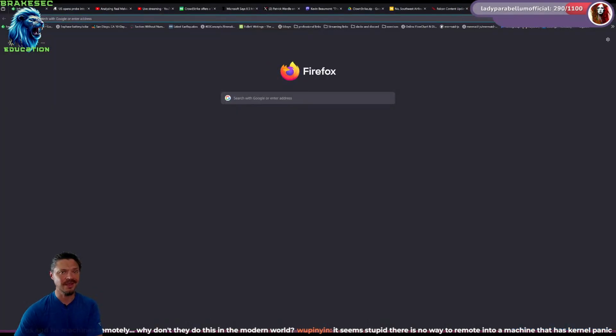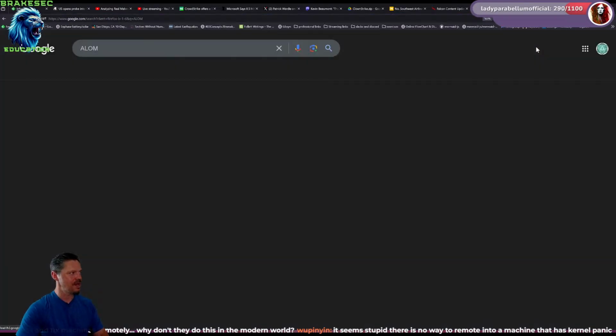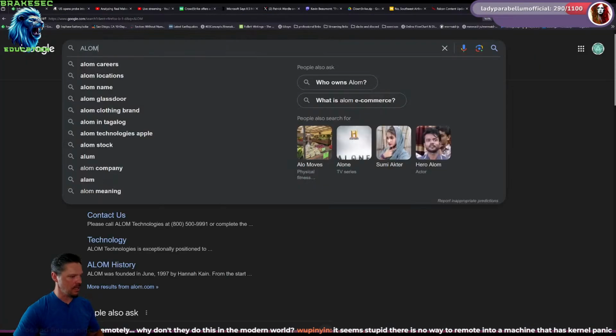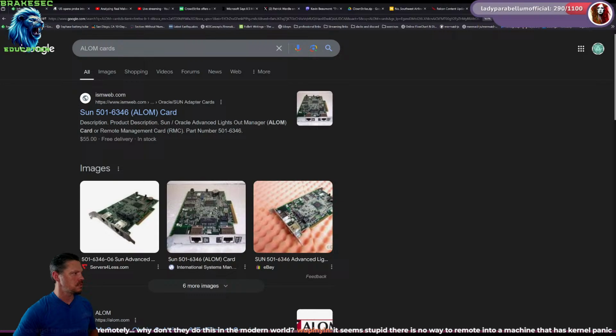I actually was looking for an ILOM card for my box down here, my streaming box, because it also did things like remote power on. So if you SSH to the box, this was, of course, way back in the day. No, ALOM cards. Yeah, there you go.